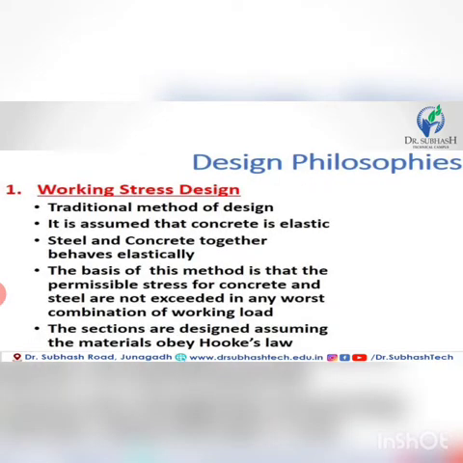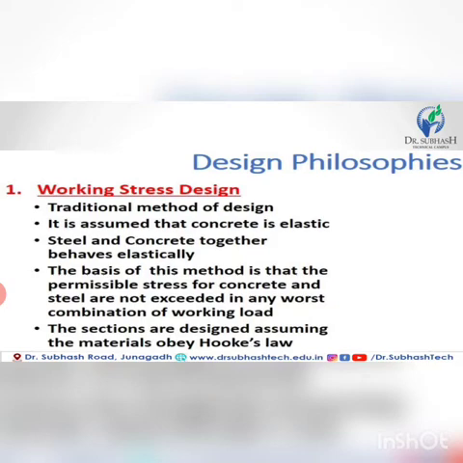Next, working stress design. It is the traditional method of design. It is assumed that concrete is elastic. Steel and concrete together behave elastically.